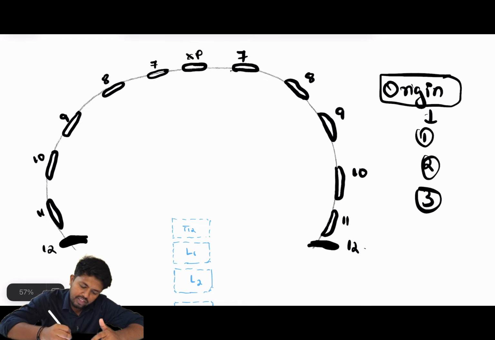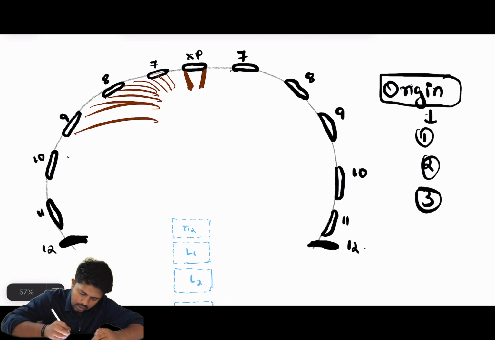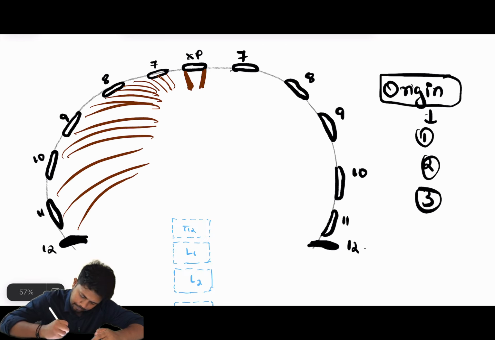From the xiphoid process, two fleshy slips will give origin to the diaphragm. Then the lower six ribs and the costal cartilages will give origin to the diaphragm.